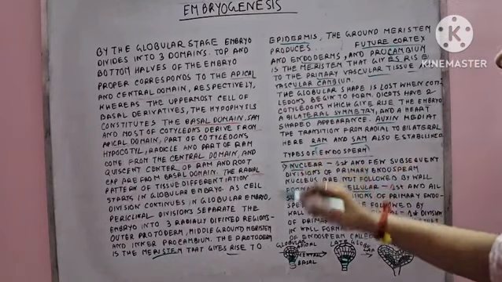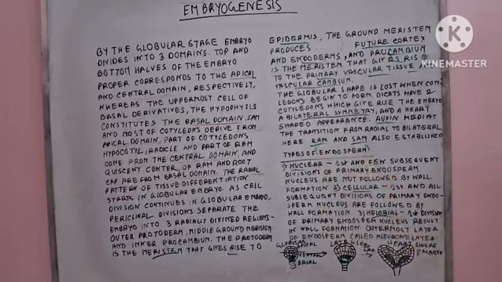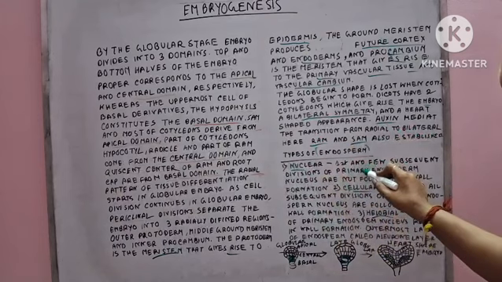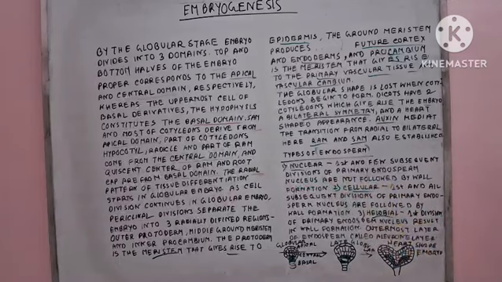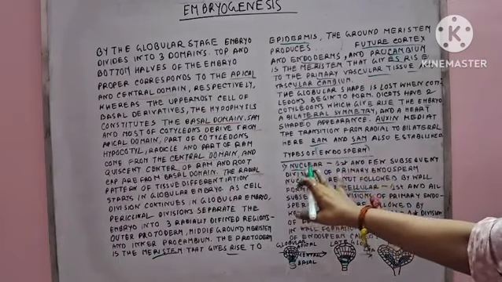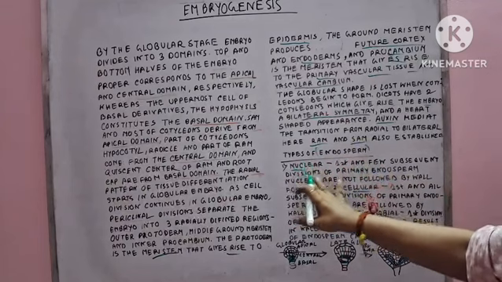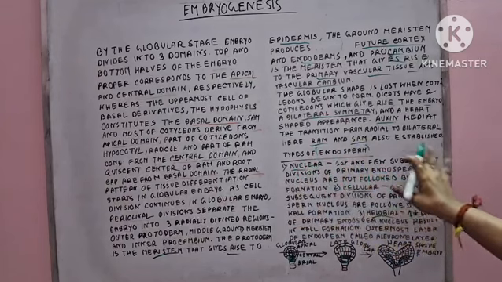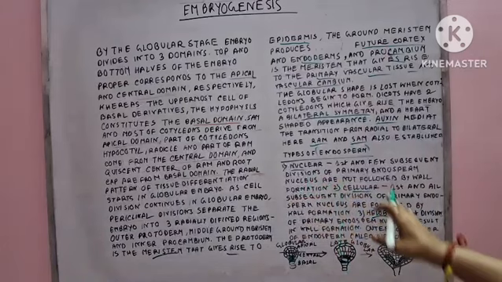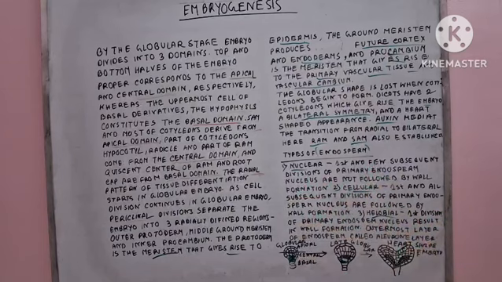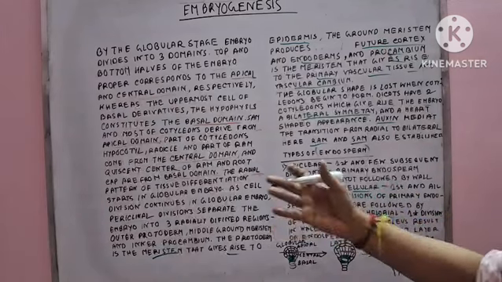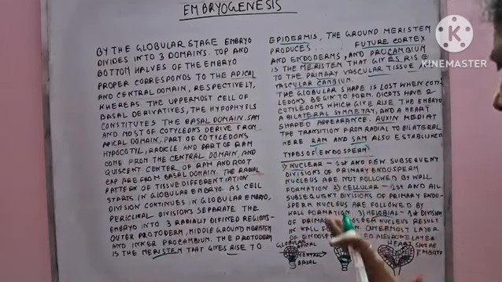So in the case of nuclear endosperm, why is it called nuclear endosperm? Because here the first and a few subsequent divisions of the primary endosperm nucleus are not followed by wall formation. In the case of cellular, the divisions are followed by wall formation. That means wall formation occurs first and then the divisions occur.